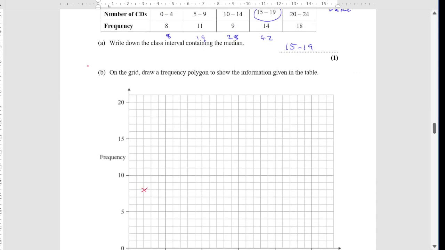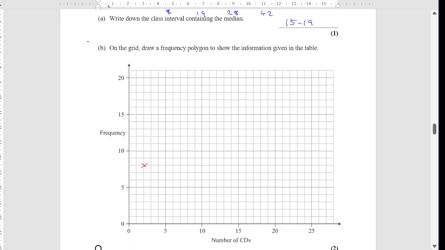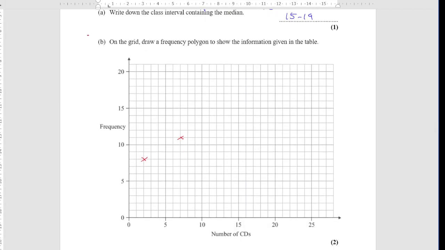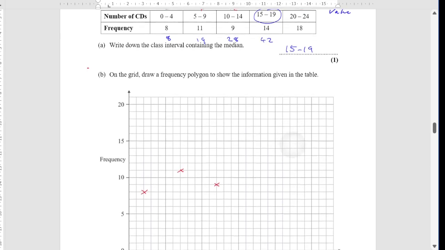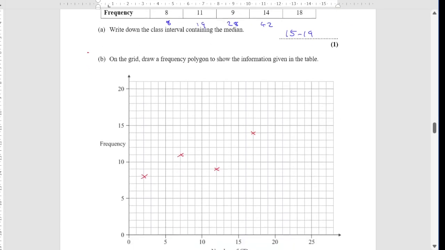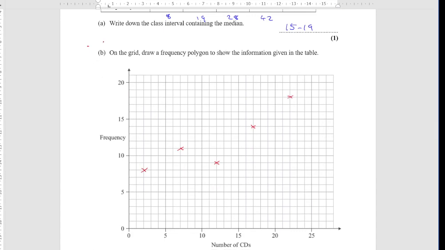My next point is going to be at 7, 11. I've then got 12, 9. And then 17, 14. And then my final point is at 22, 18. 22 and 18 gives me that coordinate there.